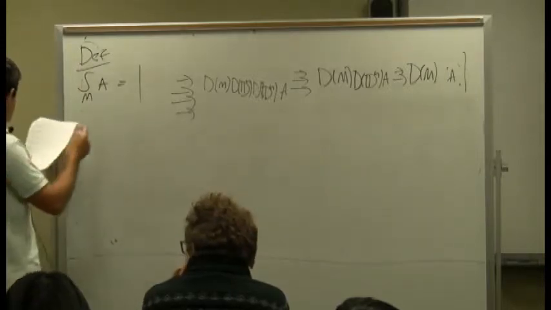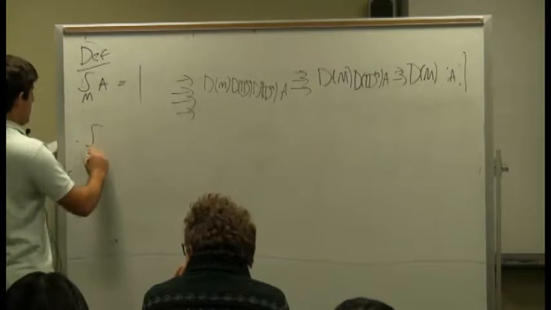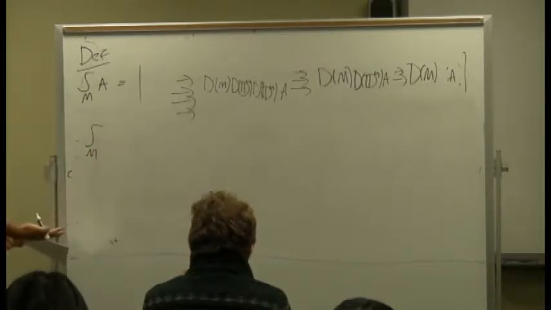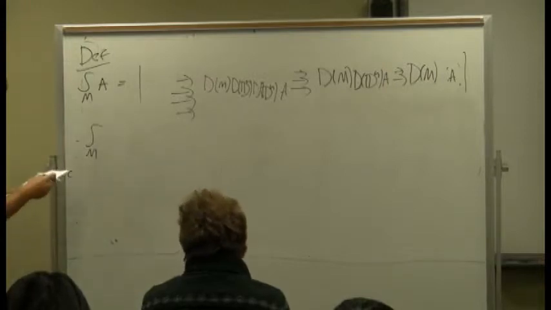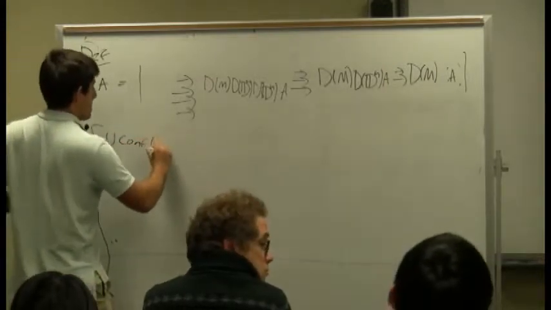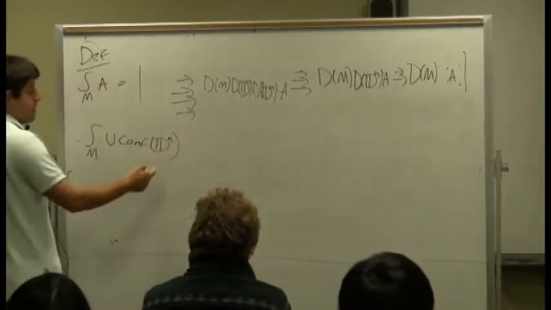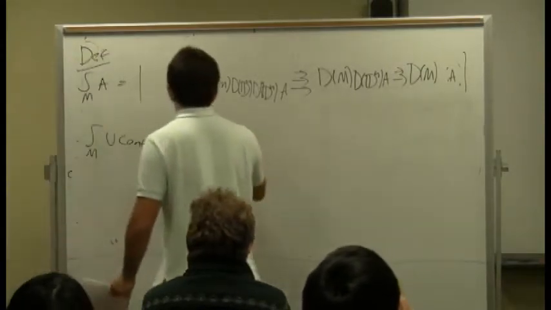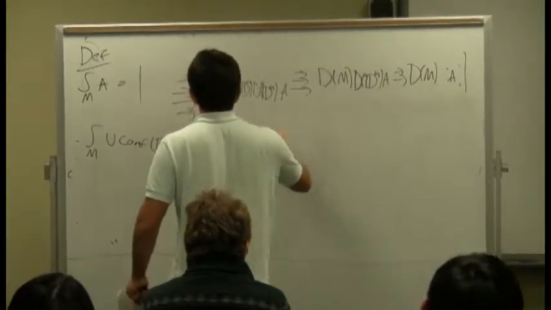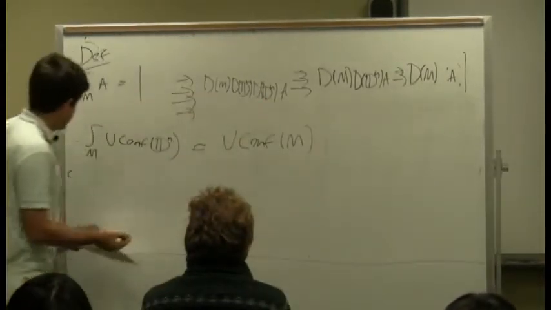Well, yeah, so this is some way of taking some construction that you do on Rn and globalizing it. So the factorization homology of uconf of the n disk is going to be homotopy equivalent to uconf of the manifold.